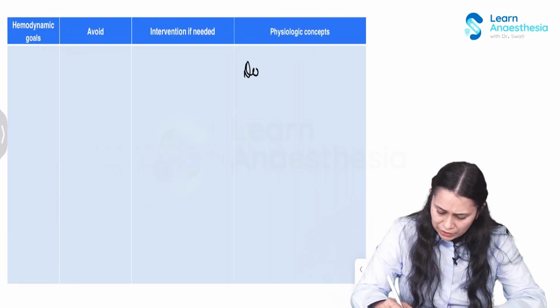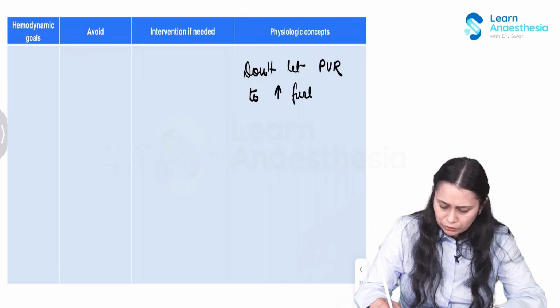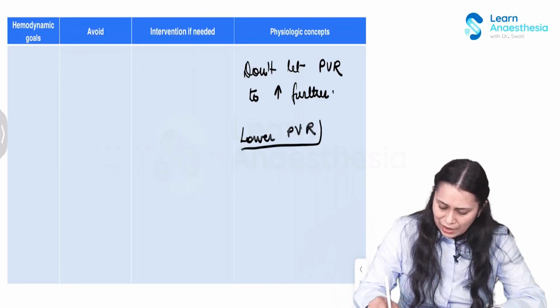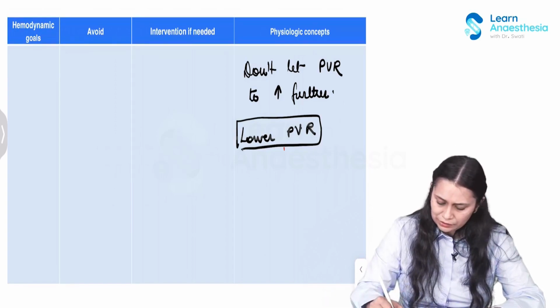So we don't let the pulmonary vascular resistance increase further, and we lower it as much as possible. What can lower the pulmonary vascular resistance?